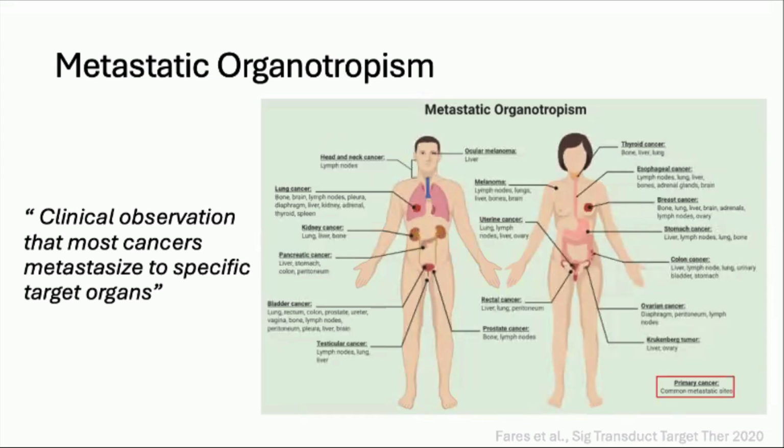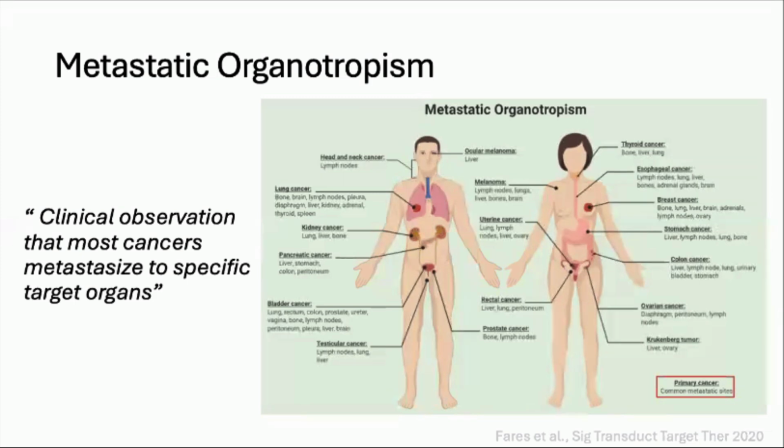And this is a very complex interplay between the subtypes of cancer and the host organ microenvironment, as well as cancer cell interactions. There's quite a bit of crosstalk between cancer cells and their host organs, which essentially leads to formation of this premetastatic niche, leading to these specific target organs.